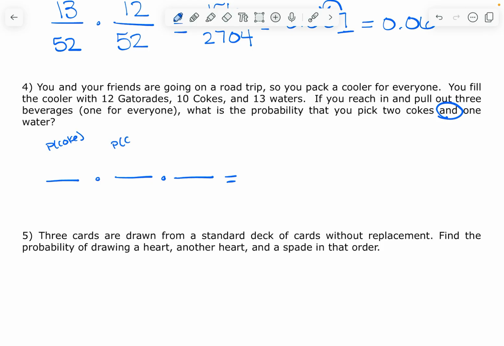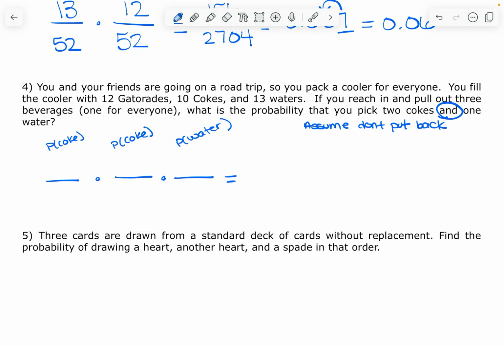Probability of a Coke. And then your third one is a water. So probability of a water. Now, it does not say anything about putting it back. So again, we're gonna assume we don't put back then. Anytime it doesn't say anything, assume that they don't put it back.